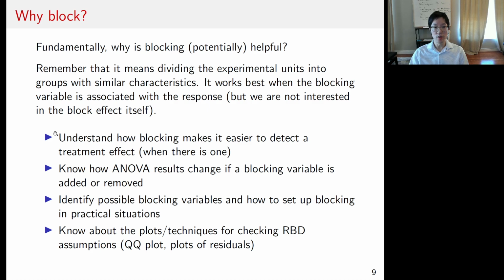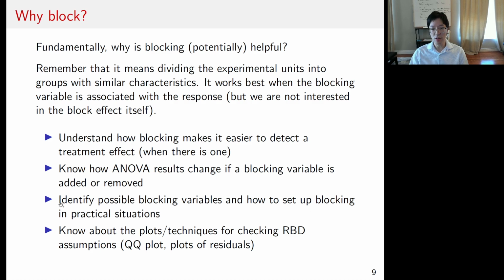Okay, so the practical effect is that it can allow us to more easily detect differences between treatments if there is a treatment effect, because it reduces the residual sum of squares. Okay, so from the last table, you should be able to see how the ANOVA results changed when we add a blocking variable. It changes the residual sum of squares. It breaks off part of the residual sum of squares into the piece for the blocking variable.